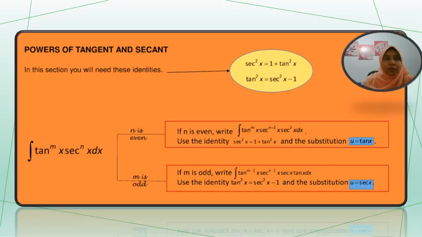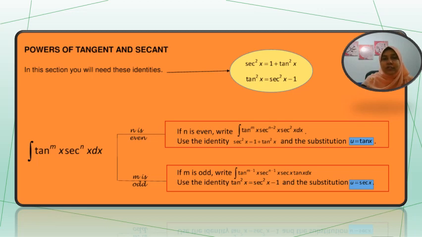Okay, next we look at how to integrate powers of tangent and secant functions. In this section you need to know these trigonometric identities. Secant x square equal to 1 plus tangent x square. Then tangent x square equal to secant x square minus 1.